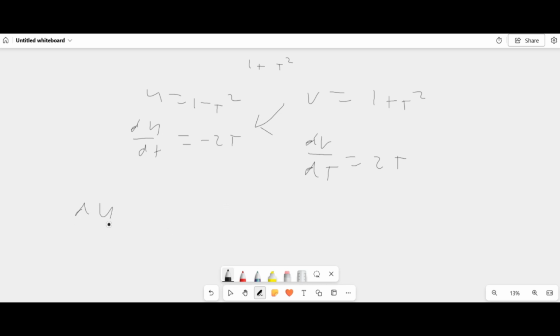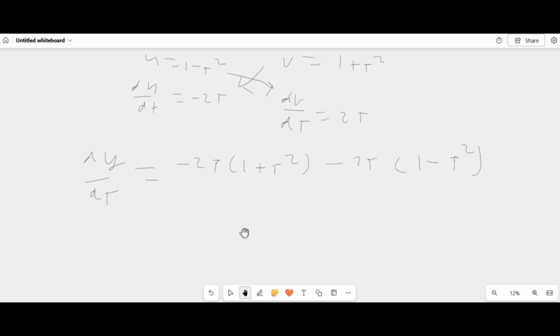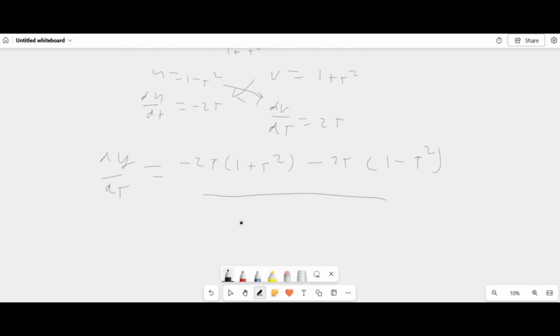So now what you want to do is times this by this. So we get dy over dt is going to be minus 2t, open bracket, 1 plus t squared, negative this times this, so negative 2t, open bracket, 1 minus t squared, all of that over v squared, so all of that over 1 plus t squared squared.